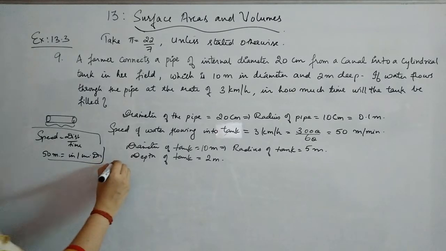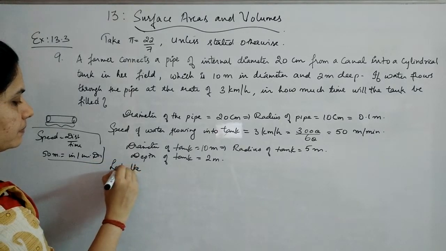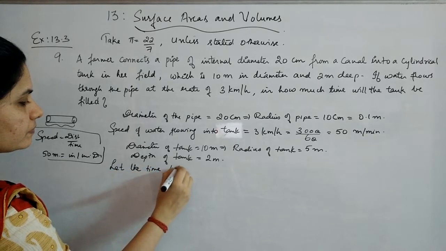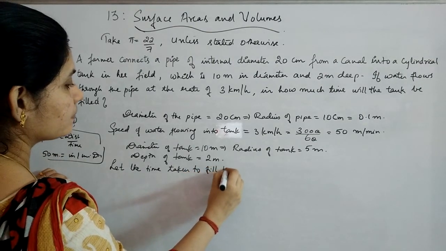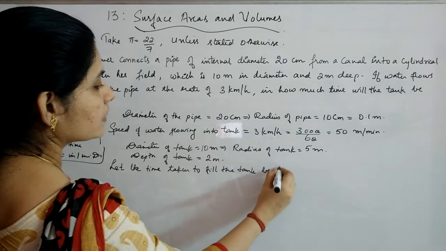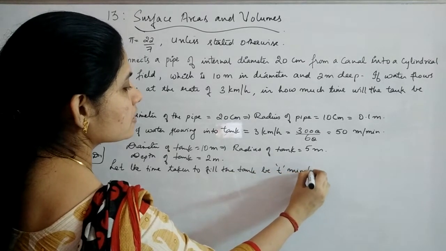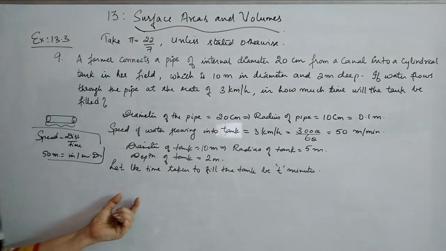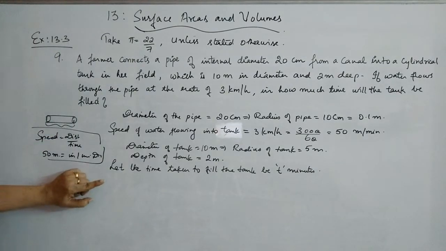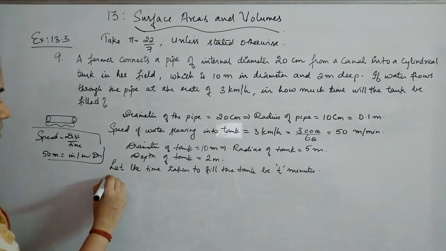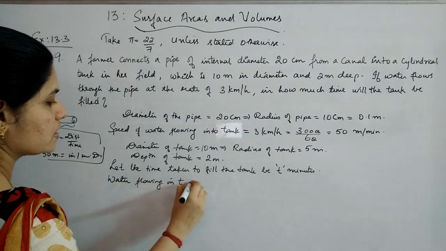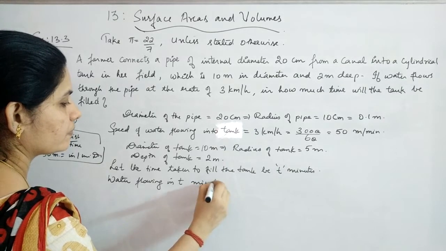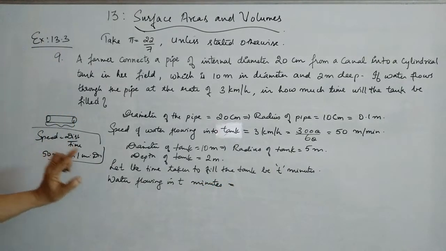For that, let the time taken to fill the tank be T minutes. We are just assuming this time, and we will find out what T is. The water flowing in T minutes will be the same as the volume of the water tank.